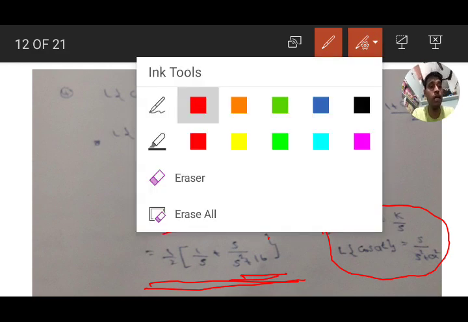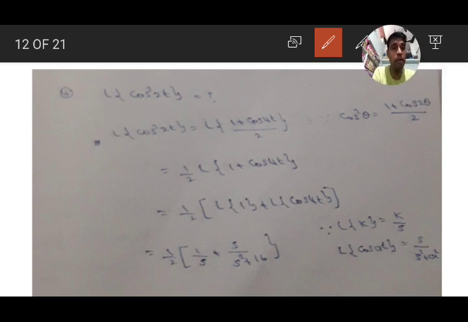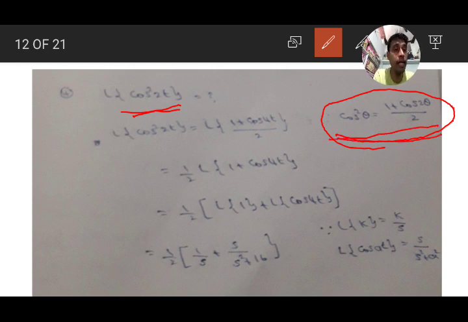Here in every problem we are doing linearity property and standard formulas, but here we have to simplify extra. We don't have the formula for direct cos square 2t, so we have to use the cos square theta formula, then simplify, apply the linearity property and apply standard formulas. Okay, understood.